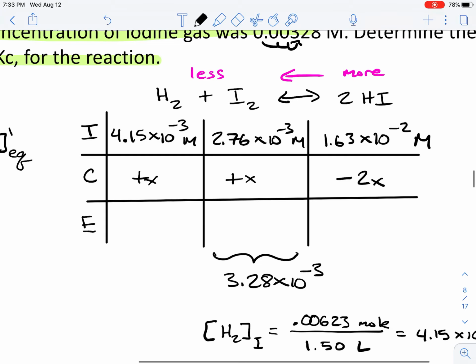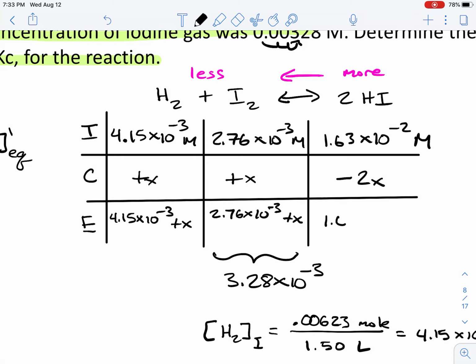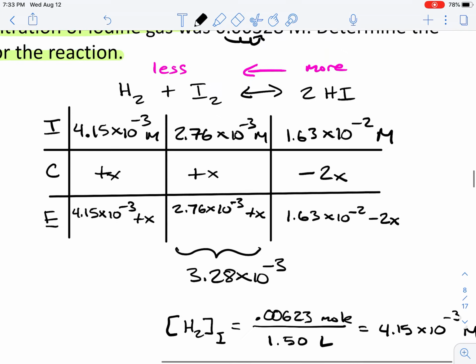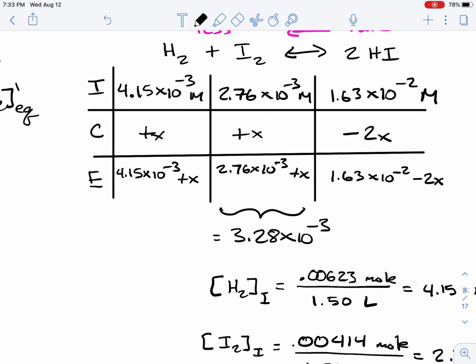The equilibrium expression for each and every single one of these substances is 4.15 times 10 to the negative 3 plus x, 2.76 times 10 to the negative 3 plus x, and finally 1.63 times 10 to the negative 2 minus 2x. Okay, and so let me just put a note over here that this is the equilibrium concentration of I2.